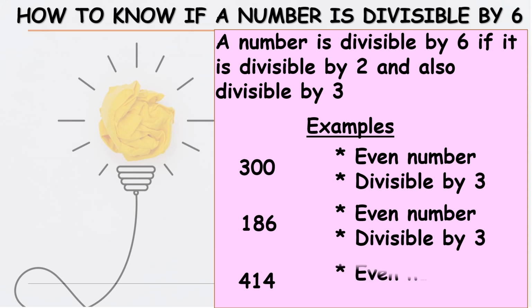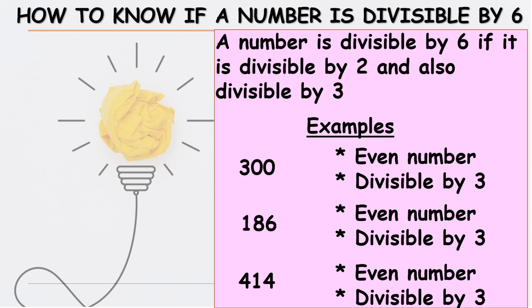So since it has satisfied both conditions, that it's an even number, that is, it can be divided by 2, and that it is also divisible by 3. Let me repeat. The divisibility by 3 is because if you add the individual digits together, that is, if you add 4 plus 1, that's 5, plus 4 equals 9.